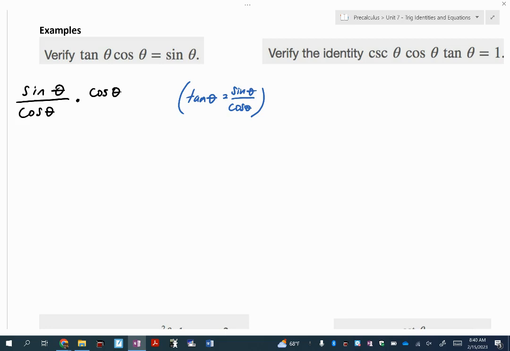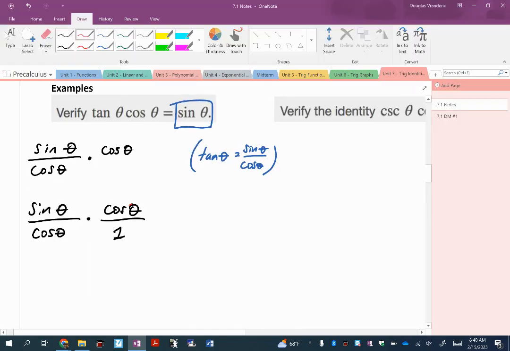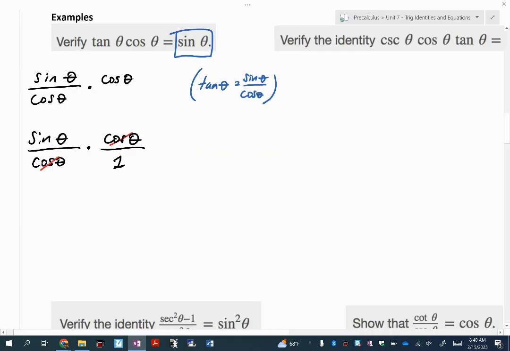Remember, ultimately, at the end of the day, I'm trying to get sine theta, so I'm still not there yet. I'm going to rewrite it and put a 1 underneath cosine theta. Maybe you'll see that when we multiply, we can cross out diagonally, and the cosine thetas will cross out and make 1.